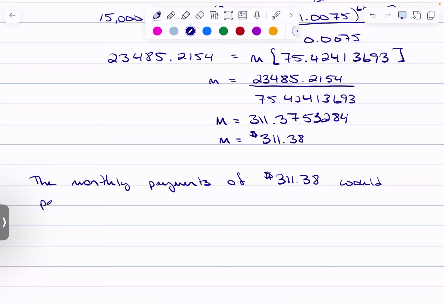Would pay off the loan of $15,000 over 5 years.